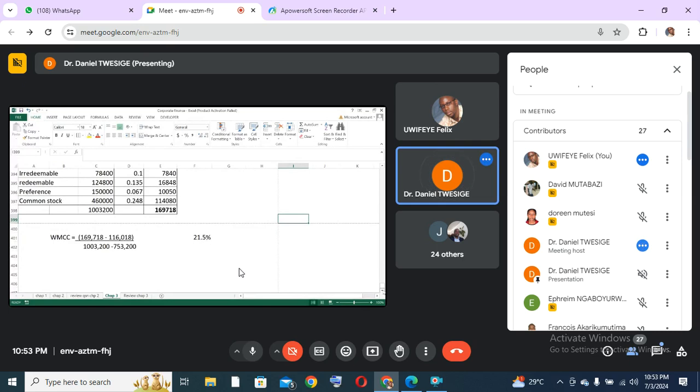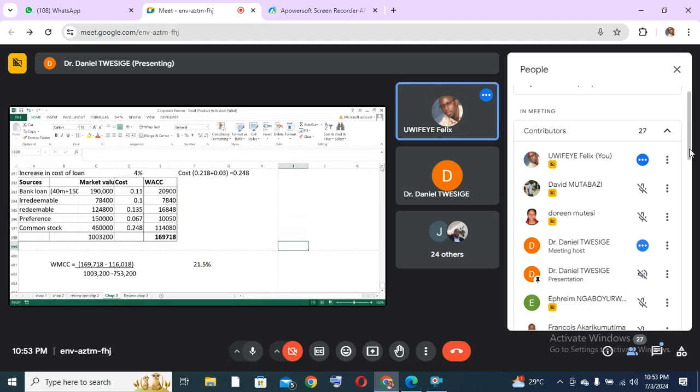Do you get what we are talking about here? So that's what you are going to look at. You only adjust for the additional costs.